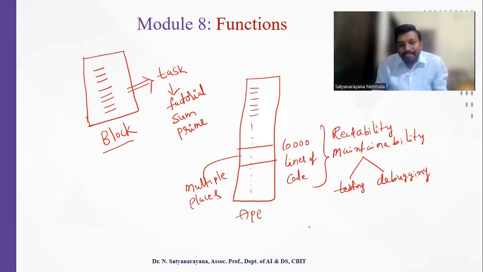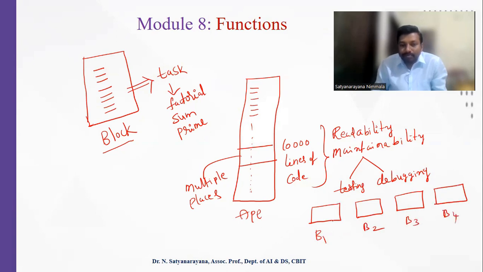So the best way of doing things is to divide all these 10,000 lines of code into some fixed number of modules, say 4 modules, or 4 blocks, B1, B2, B3, B4, and each block will then have 2,500 lines of code. Am I right?